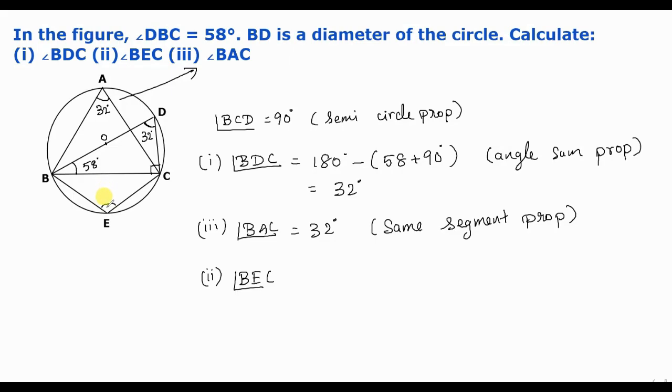Either you can add A and E, or else you can add E and D. These two also will be 180 degrees, so directly you can subtract from 180. 180 minus 32 will be the answer. The reason will be the cyclic property. On subtracting we get 148.